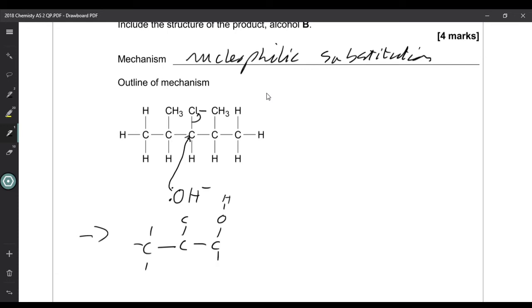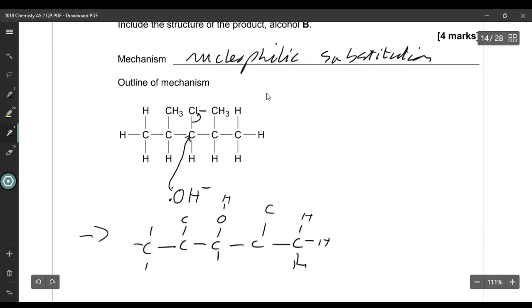And then we've got our next carbon with the methyl group, and then we've got our final carbon. I'll just draw the lines so you can see what's going on rather than drawing all the hydrogens individually. So that will be our alcohol, with the hydroxide substituted where the chlorine was.